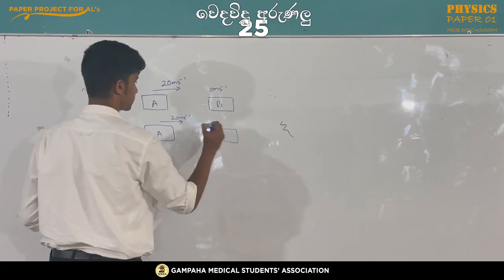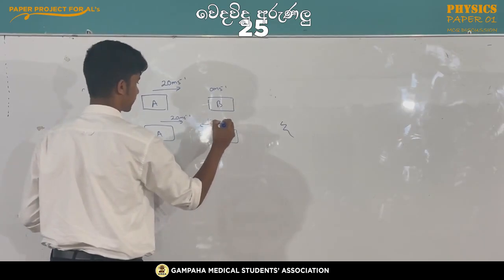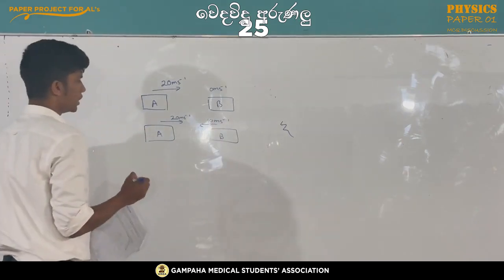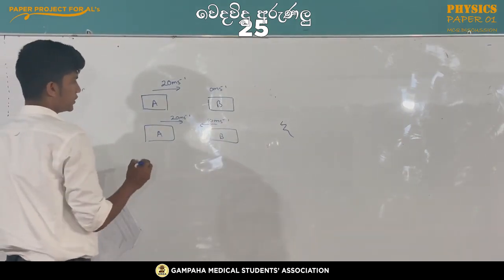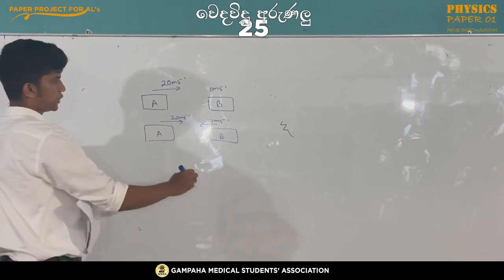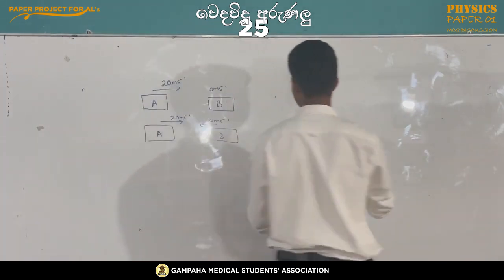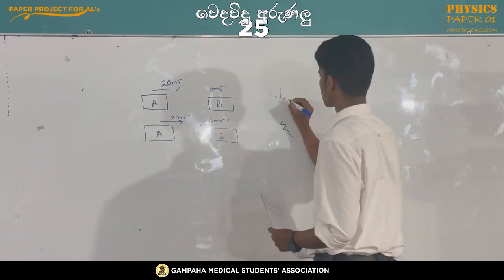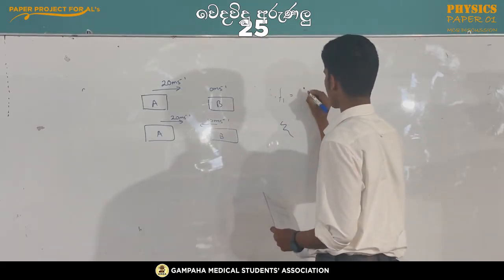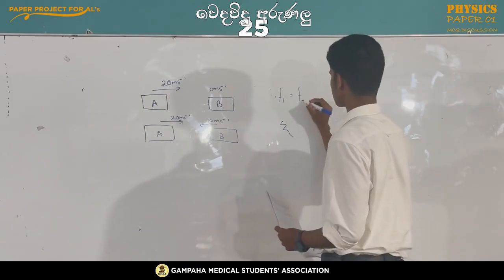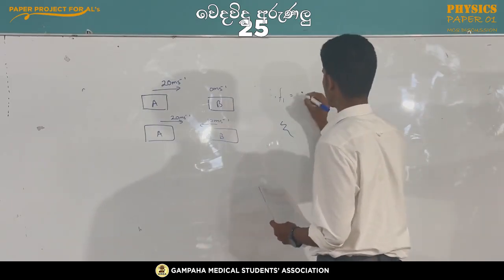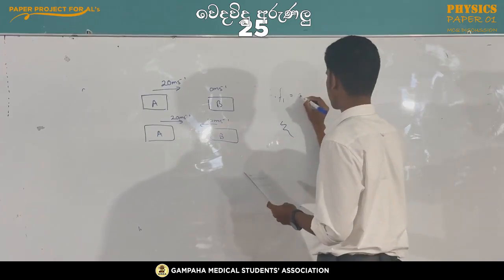In the second instance, train B starts to move at 10 meters per second. Using these two instances, we can write two expressions for F1 and F2. For F1, the real frequency is 320 Hertz.